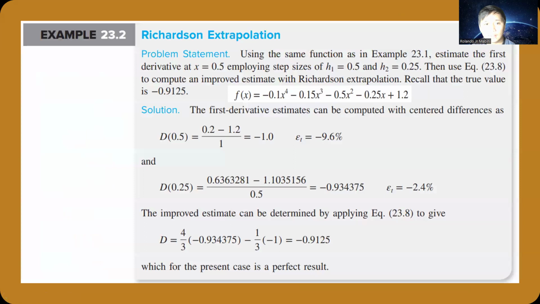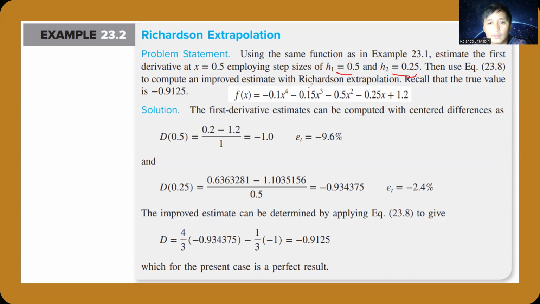Using the same function as in 23.1, estimate the first derivative. We have a given x equal to 0.5. Exploring step sizes, we have the given h sub 1 equal to 0.5, and then h sub 2 is 0.25.